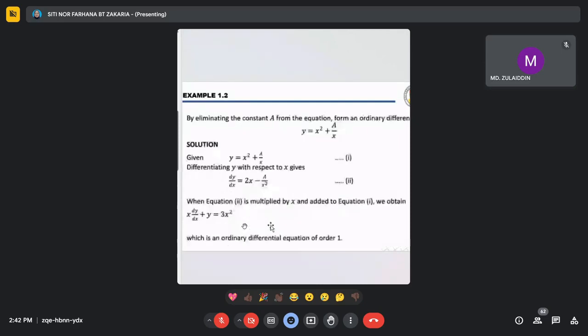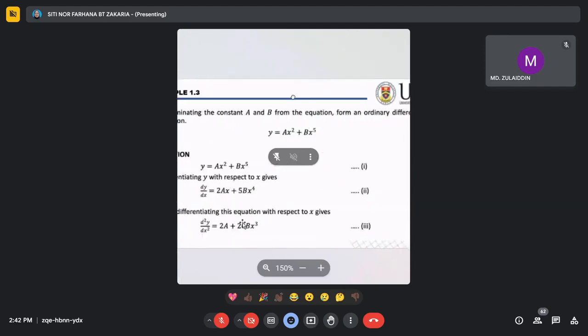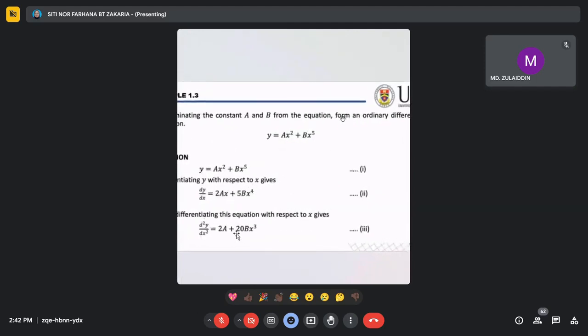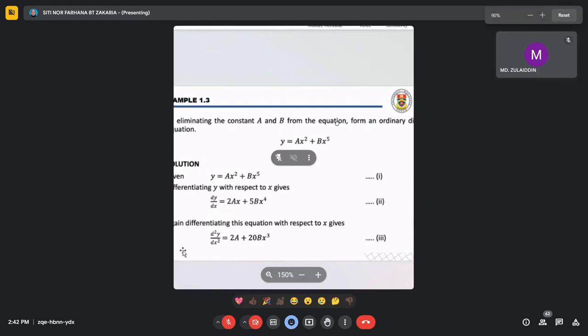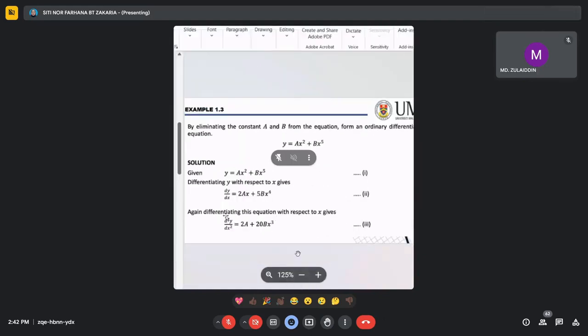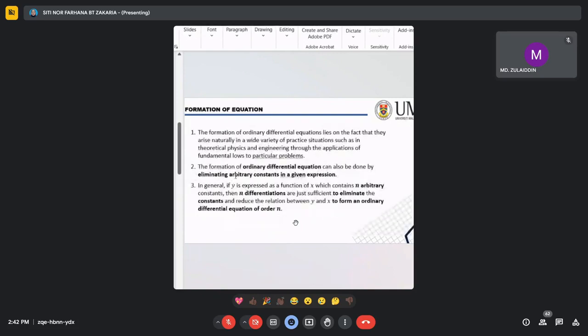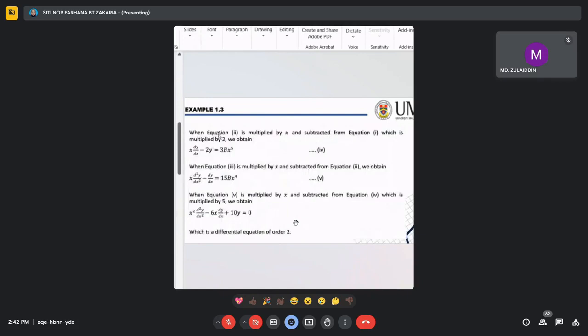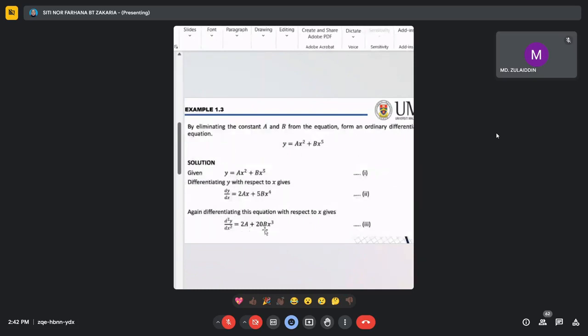So this one, we still have A and B after differentiating twice, right? So we need to eliminate A and B. Remember this one? They say that you need to eliminate the arbitrary constant. So in example 1.3, after you differentiate twice, you still have A and B.